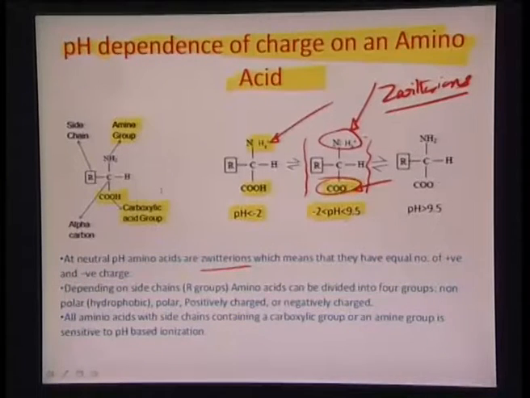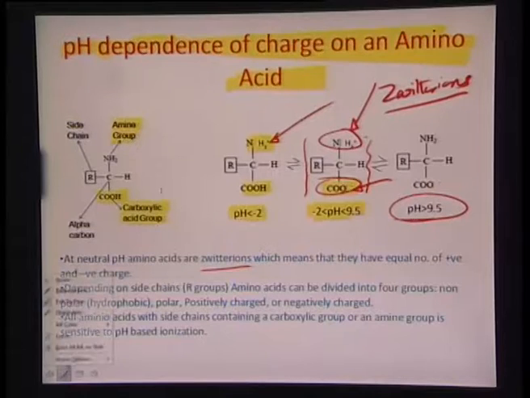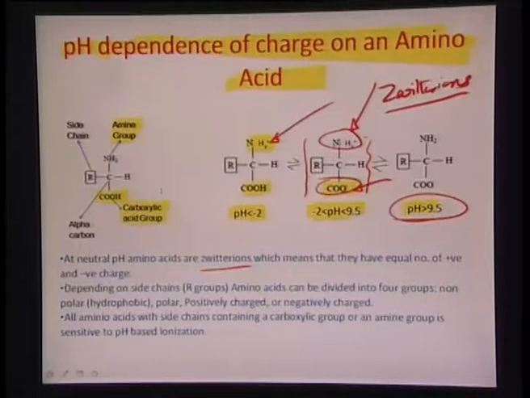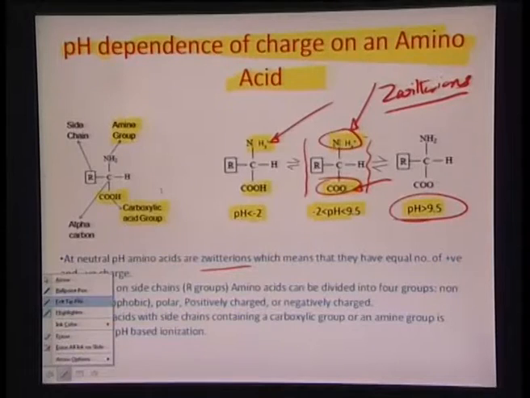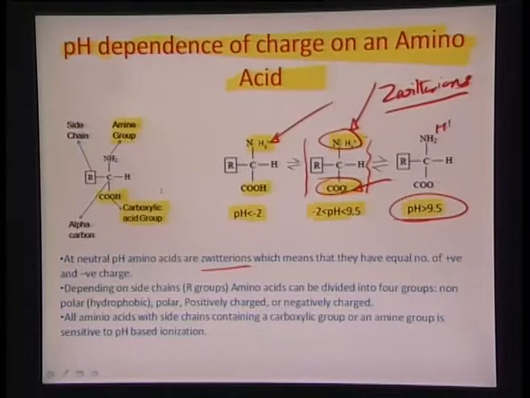Now, if you change the pH to more basic, let us say the pH goes above 9.5, there is a tendency for the excess hydrogen ion which was already present in the Zwitter ionic state to leave into the solution. The H plus goes out into the solution because the basicity is high enough that a positive hydrogen moiety on the amine group cannot remain.